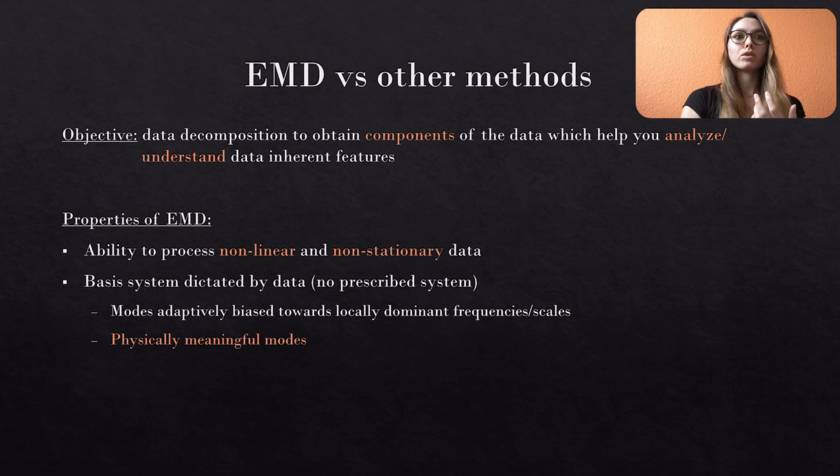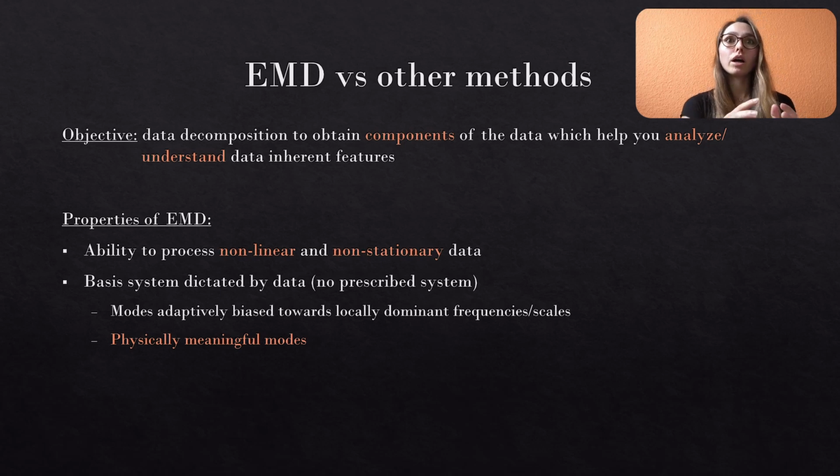Since we decompose our data to obtain components that should help us in analyzing the features of the data, it is of utmost importance that these components reflect physical features. Otherwise, our analysis might result in misleading findings.